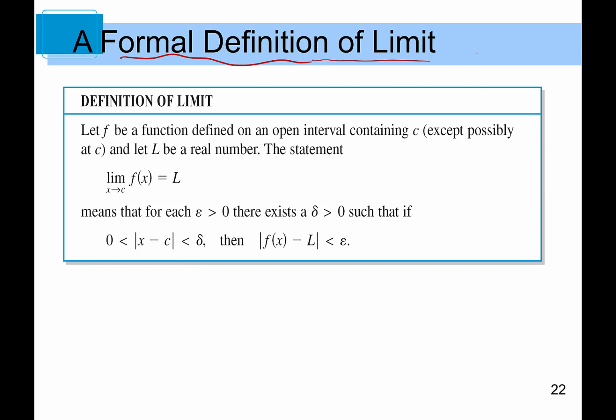Let f be a function defined on an open interval containing c, except possibly at c. Let L be a real number. The statement limit as x approaches c of f of x equals L means that for each epsilon greater than 0, there exists a delta greater than 0 such that if the absolute value of x minus c is greater than 0, less than delta, then the absolute value of f of x minus L is less than epsilon.